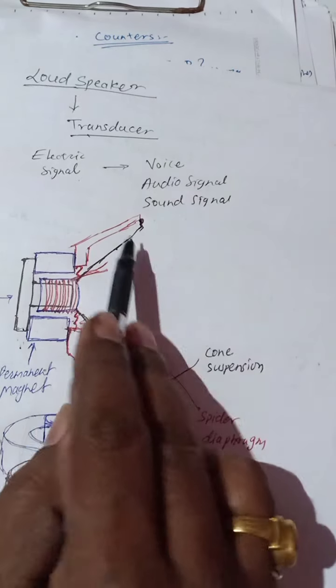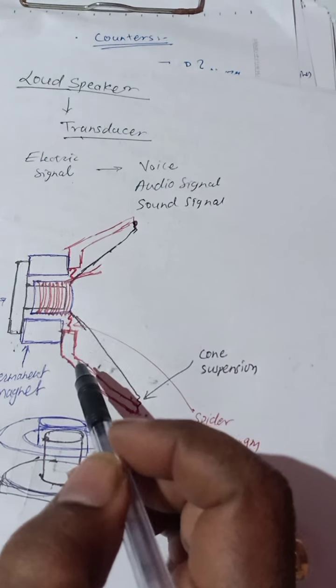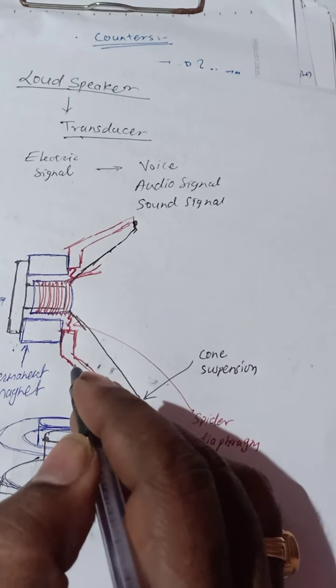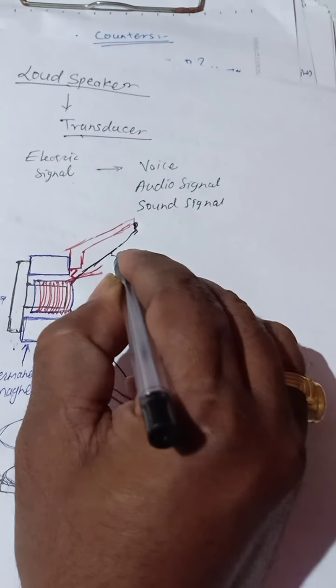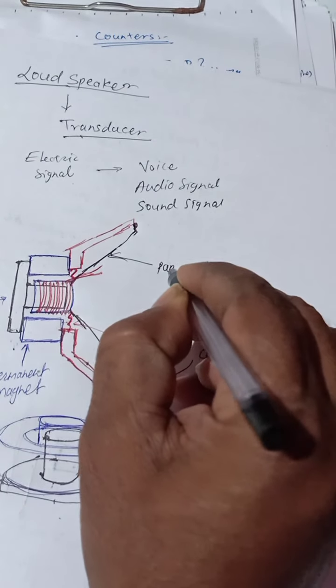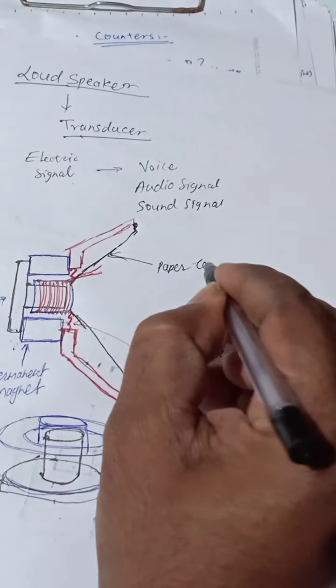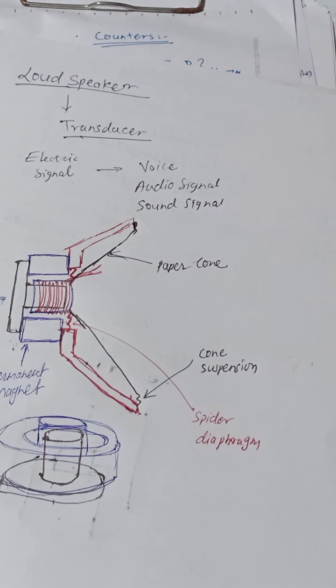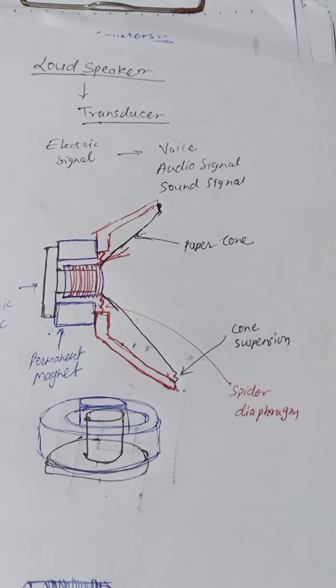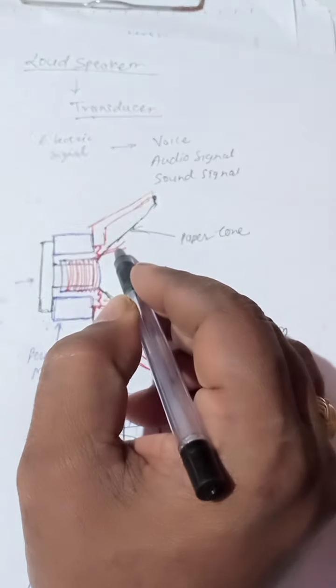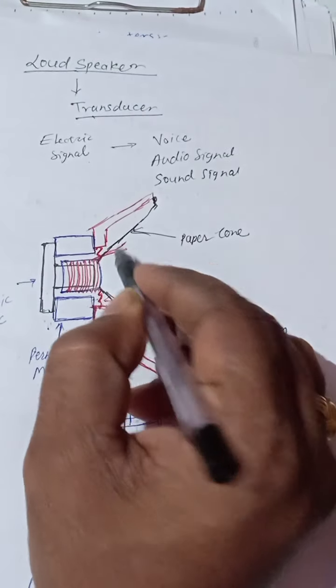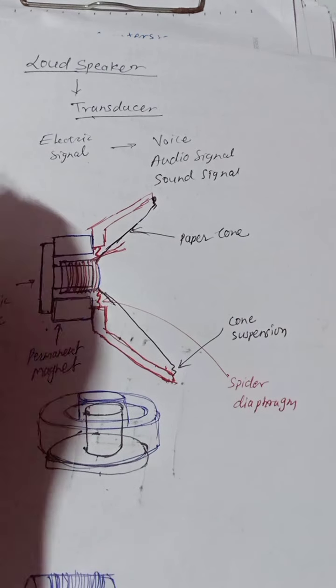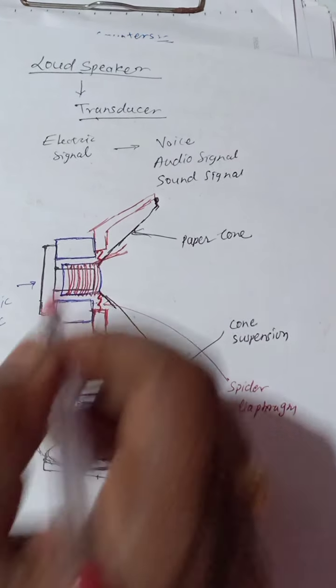Okay, spring action. And this black is a paper cone. This paper cone vibrates. And these two lines are nothing but the coil connection.